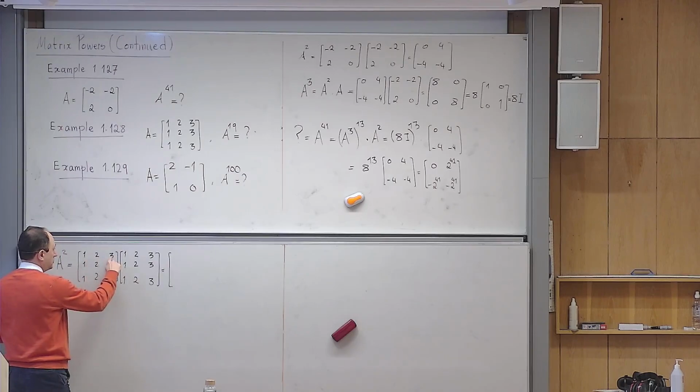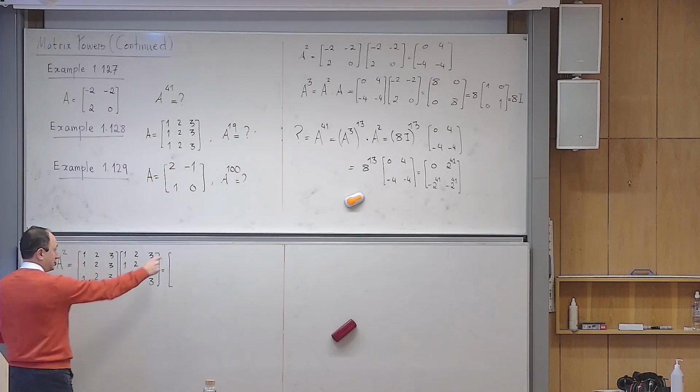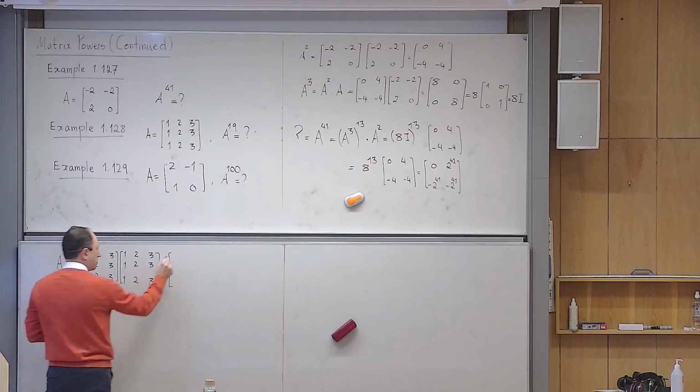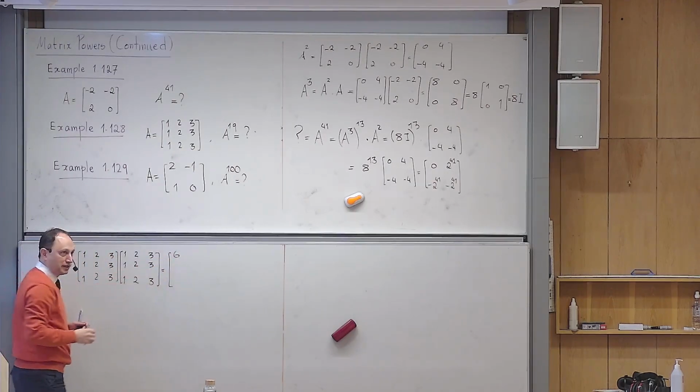So this row multiplied by the first column gives me what? I want to write something here. 6. Because 1 times 1 is 1, 2 times 1 is 2, 3 times 1 is 3. 1 plus 2 plus 3 is 6.